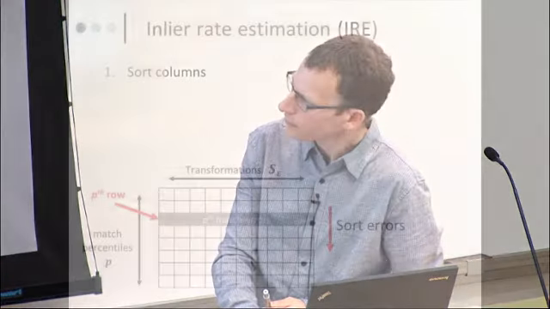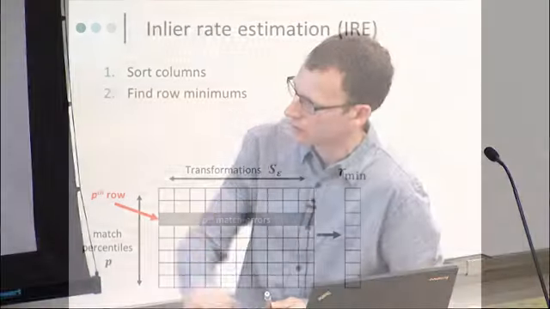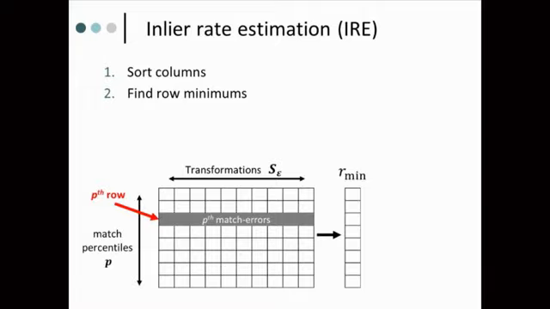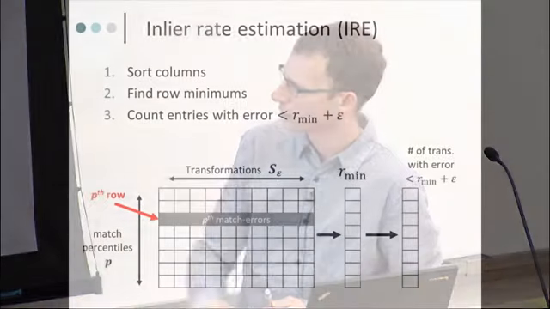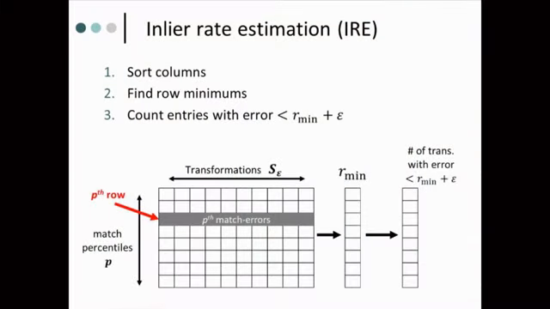So having that, for each such row of errors, we can find the minimal error. And we store this in this vector rmin. So rmin holds for each percentile the best possible error for that percentile over all different transformations. And now we can count in each such row how many of the errors are at most epsilon larger than the smallest error we found.